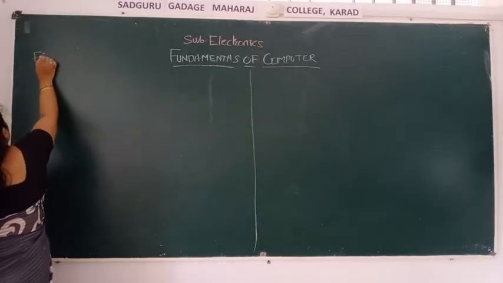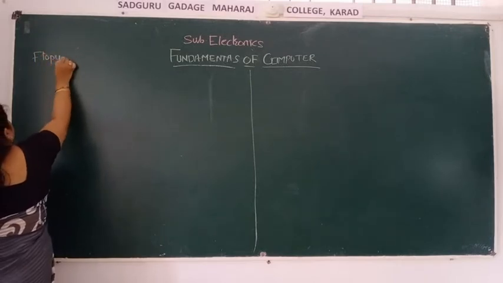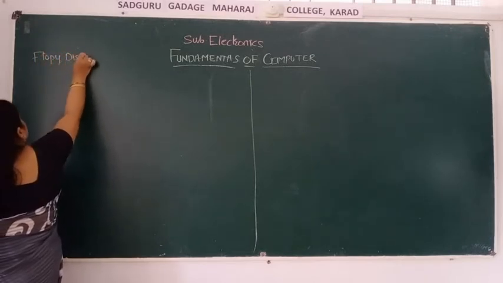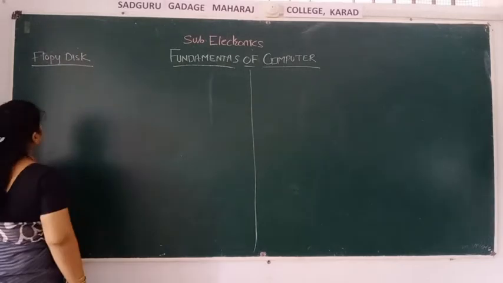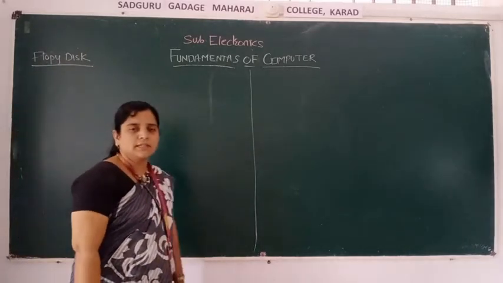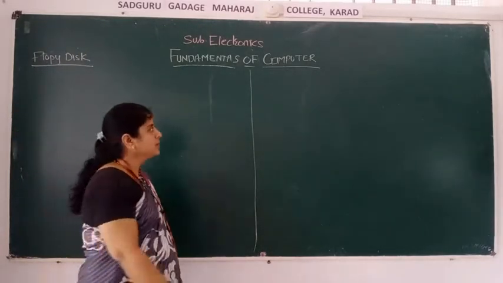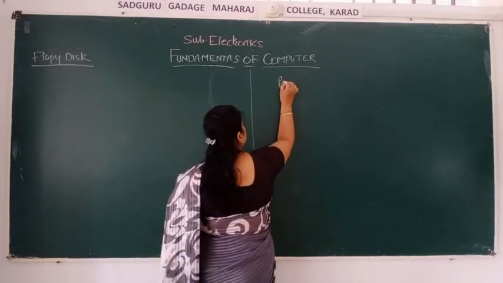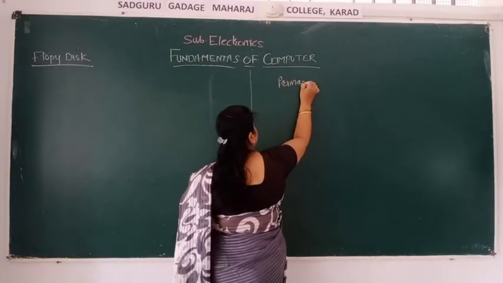FDD means floppy disk drive, and hard disk. Before going to this, we will distinguish between primary memory and secondary memory.